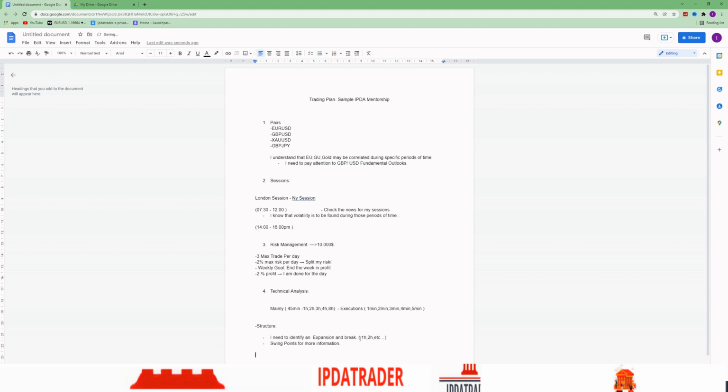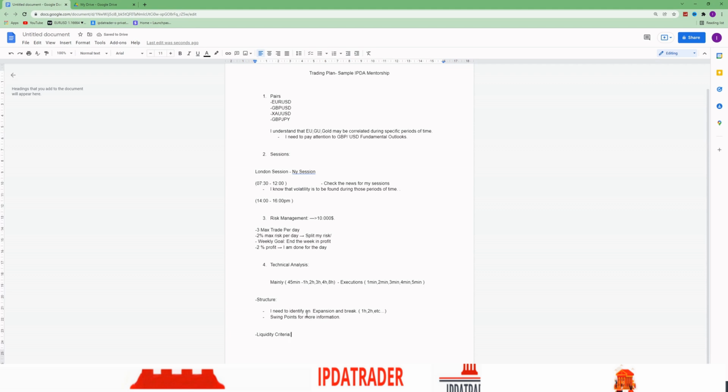Now let's move on and talk a little bit about the liquidity criteria. Once again, you can add more things, you can add less things, whatever you're comfortable with. This is just a sample trading plan. So let's go over to our liquidity criteria once again.